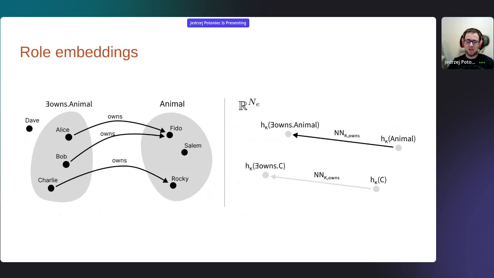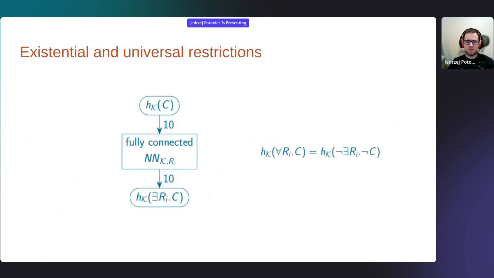And again, the universal quantifier is achieved by using the existential quantifier and negation, using De Morgan's law. So that is more or less what I just said again. The embeddings for roles are basically neural network weights, rather than living in the same space as the concepts.